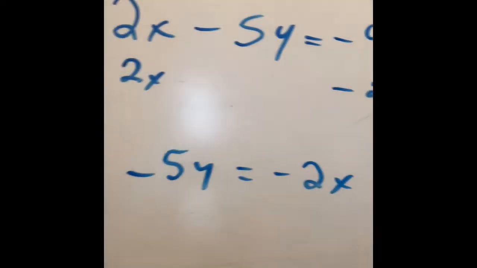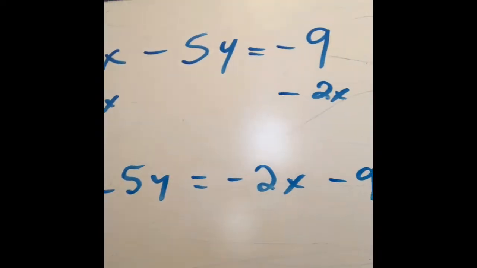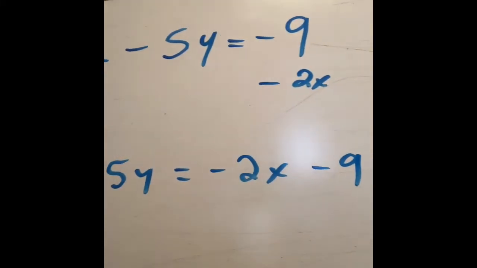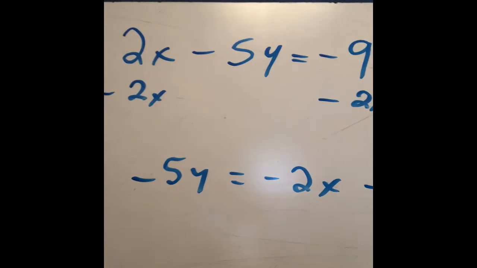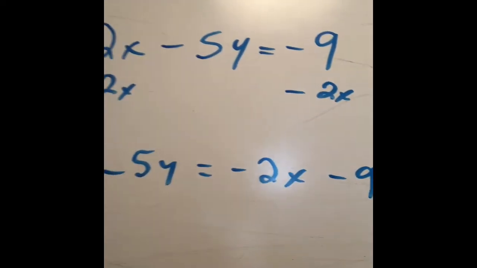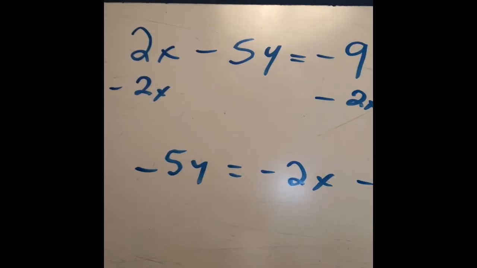Now what is being done to my y? I have a multiply by negative 5. To undo multiply by negative 5, you need to divide by negative 5, and the other side has to be divided by negative 5 as well.